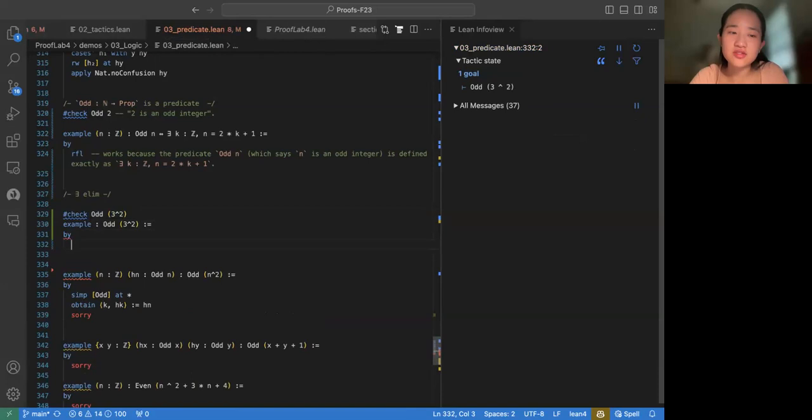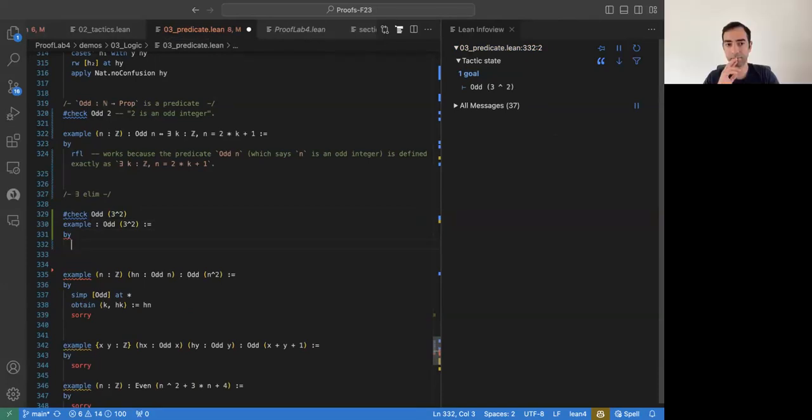Since 3 is an odd integer, I don't know exactly how to go about that. To prove anything is odd, we have to find a k such that that number, whatever it is, is 2k plus 1, right?